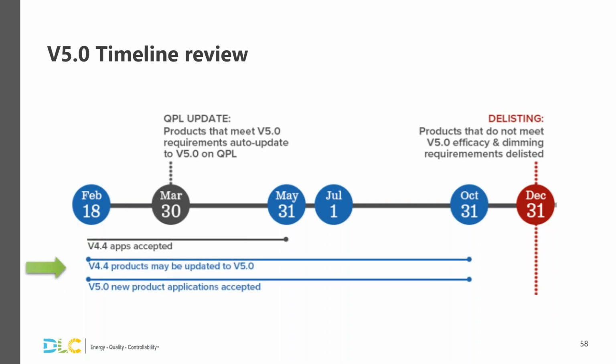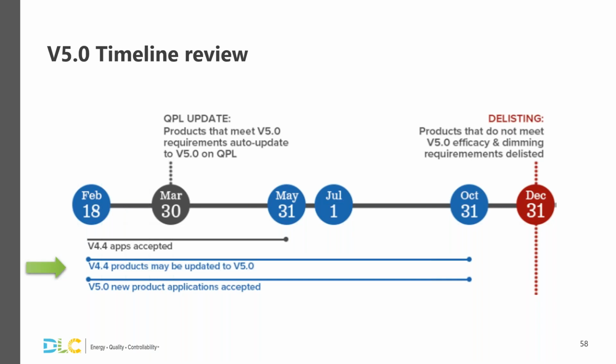I want to talk about grace periods here. These arrows or lines describe grace periods for application submissions. Manufacturers will be able to continue to submit products for qualification under the version 4.4 technical requirements through May 31st.